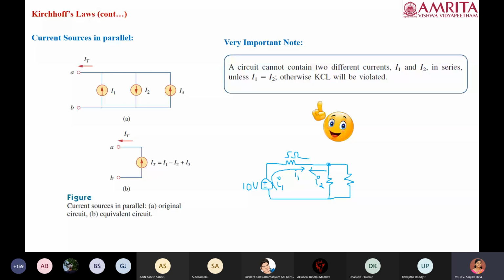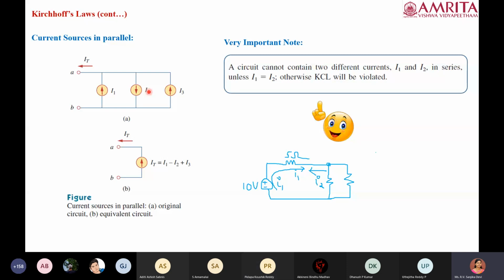Ma'am, here you have shown current sources in parallel, no? What if we take two different current sources in series? That is not possible.